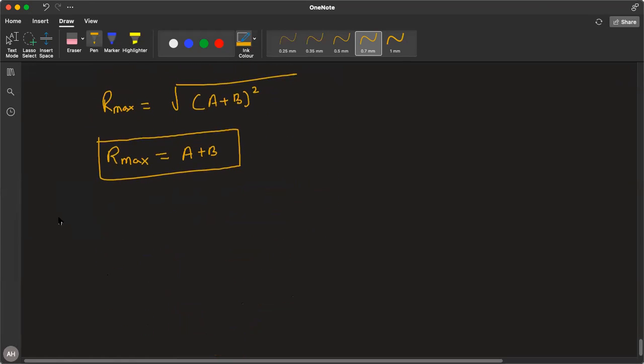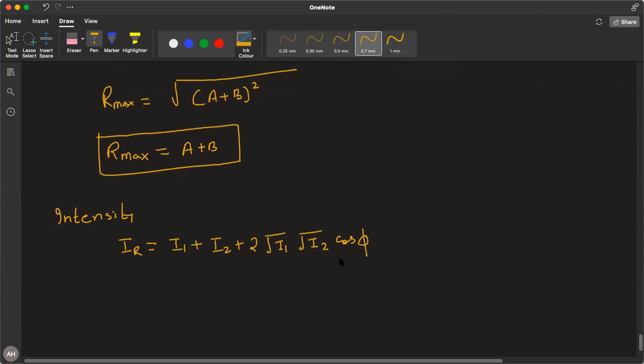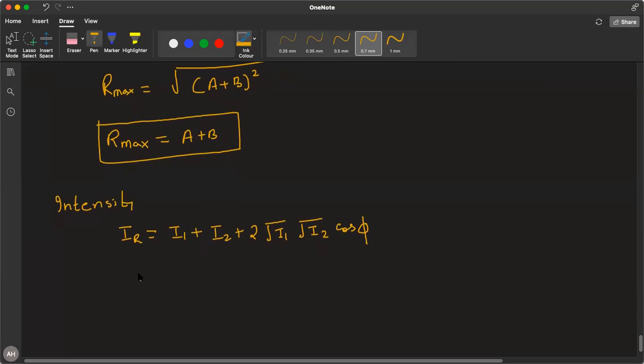Similarly, we can calculate intensity also. The relation for resultant intensity was I1 plus I2 plus 2 root over I1 root over I2 cos phi. What is the value of phi for maximum intensity? Sania?